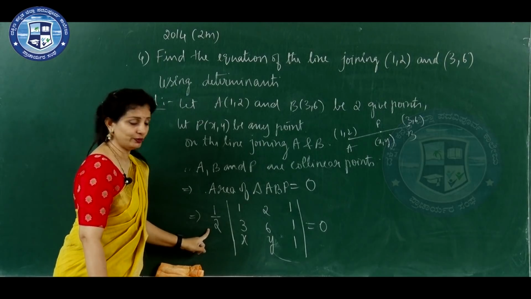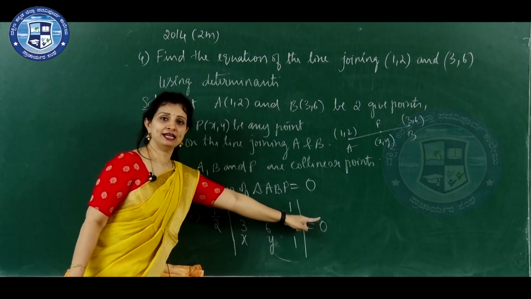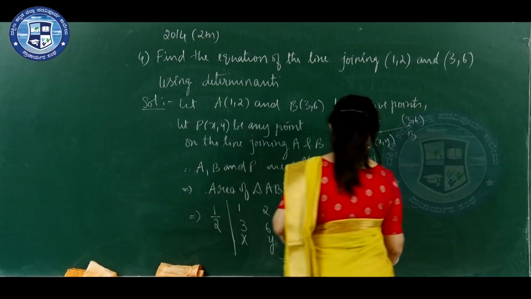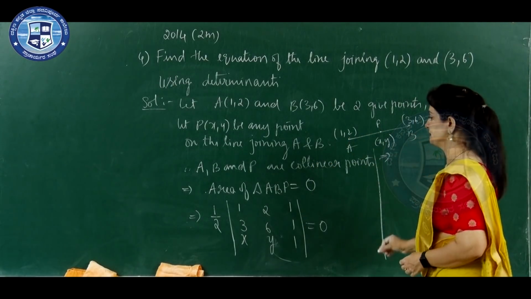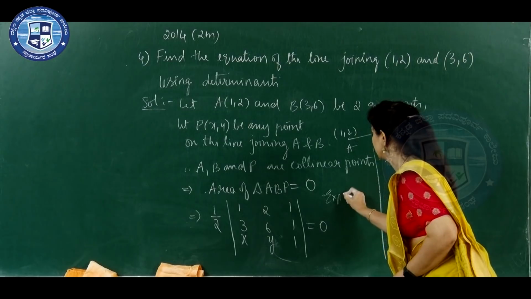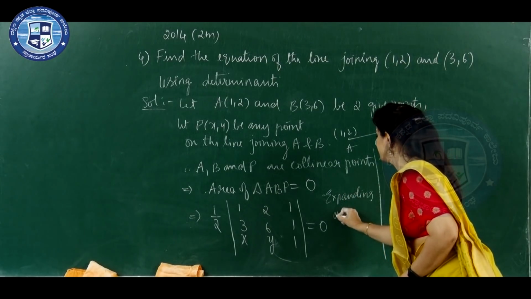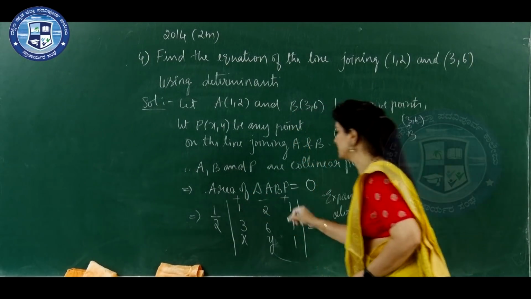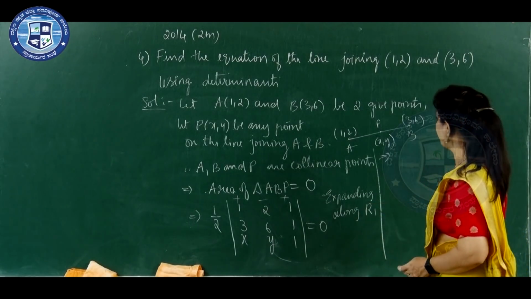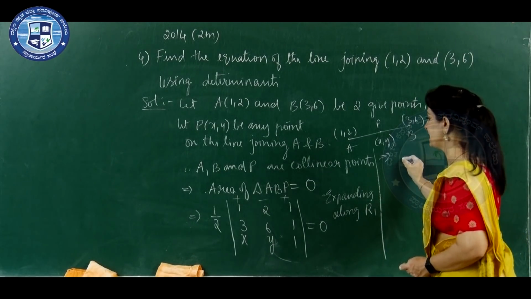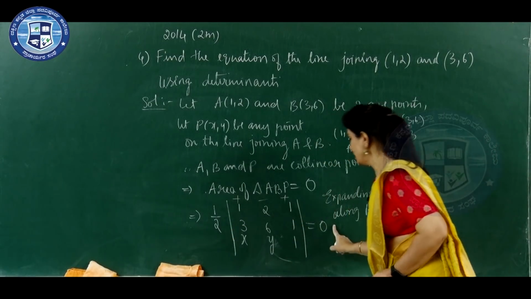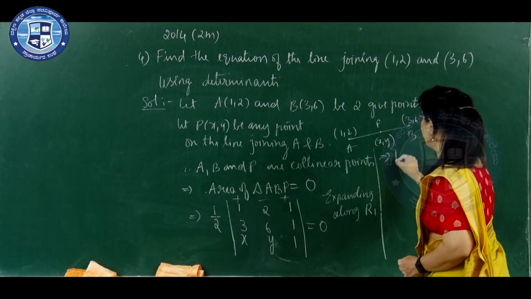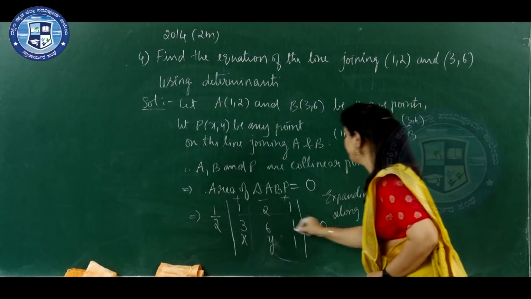So, this 1 by 2, when you bring it to the RHS, 0 into 2 is 0 itself. So, expand the determinant, expanding along the first row R1, with signs plus minus plus. Expanding along R1, we write this as: 1 into, delete the row and column, what do we get?